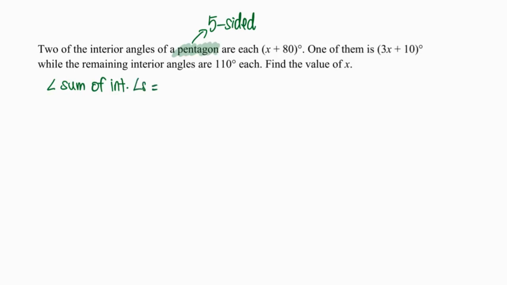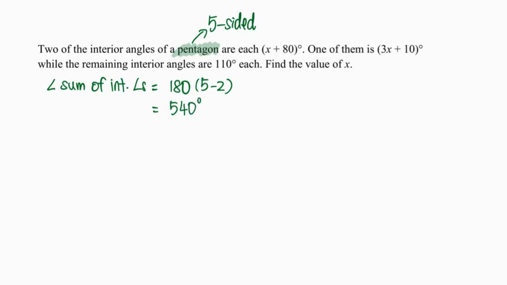This one will be n minus 2 times 180. And because now I know n is 5-sided, so 5 minus 2, this will give me 540 degrees.